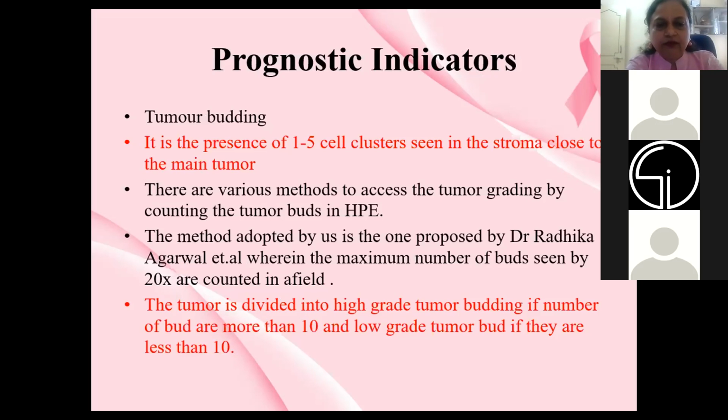As we said, the method adopted by us is the one proposed by Dr. Radhika Agrawal, wherein the maximum number of buds seen in one field at 20x are counted in a field. The tumor is divided into high-grade tumor budding if the number of buds is more than 10 in that 20x field, and low-grade tumor budding if there are less than 10 tumor buds in that 20x field.